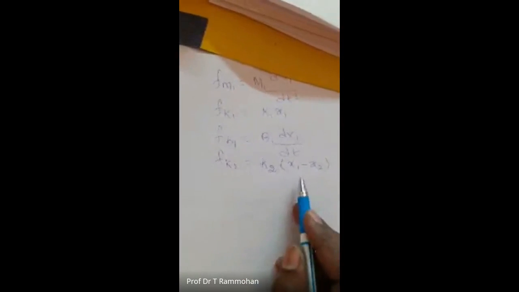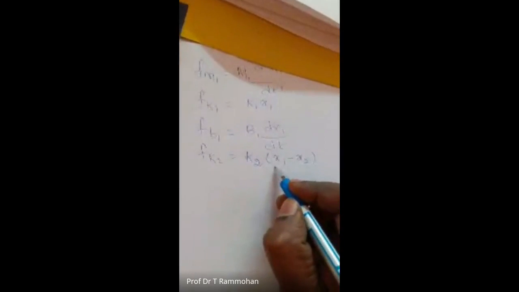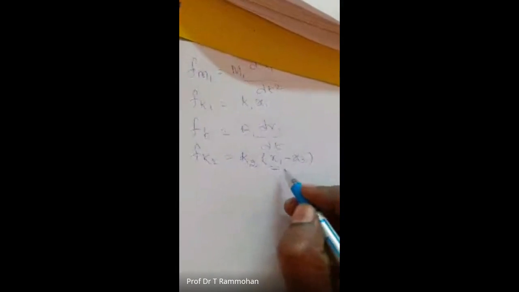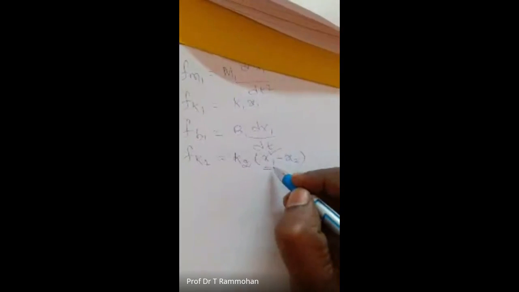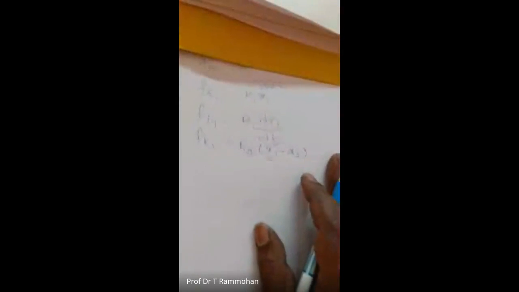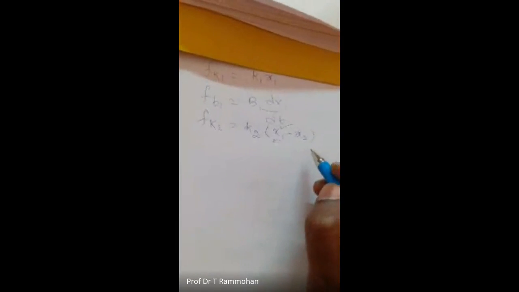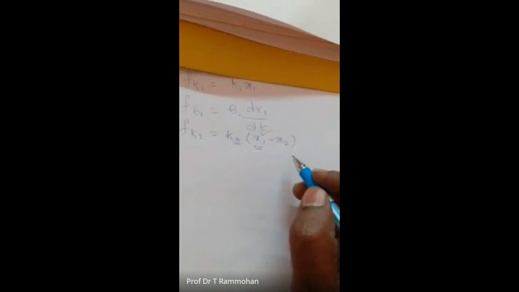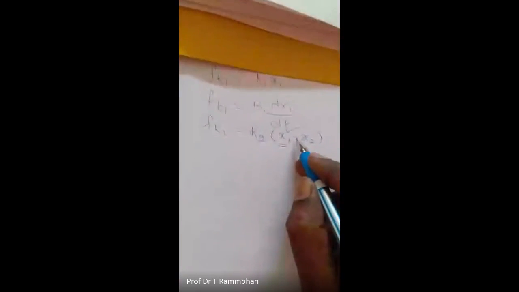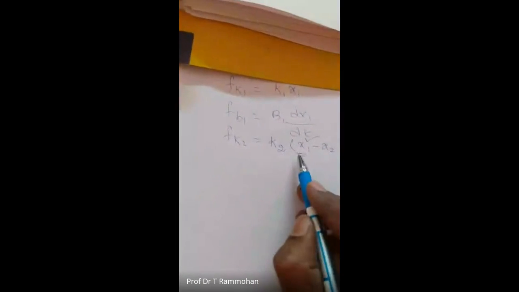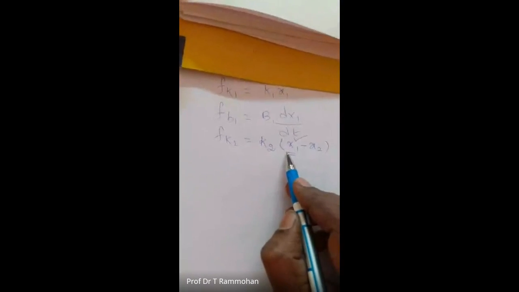Always, please listen to this, the mass which is under consideration, you have to take it as positive. X2 is the displacement connected to mass M2. So here it is minus. So FK2 equal to K2 into x1 minus x2.